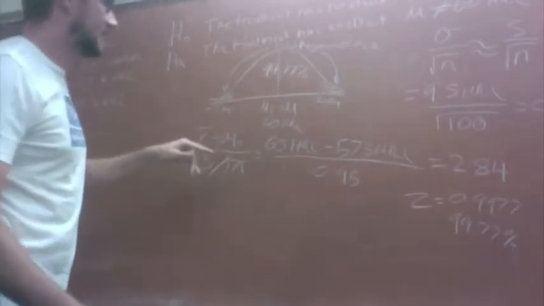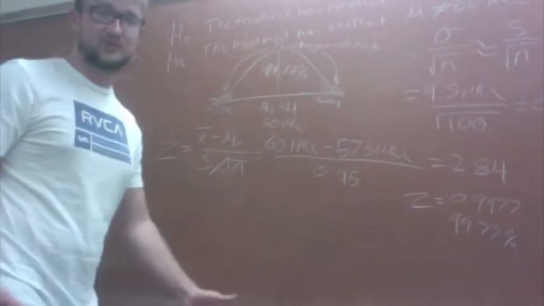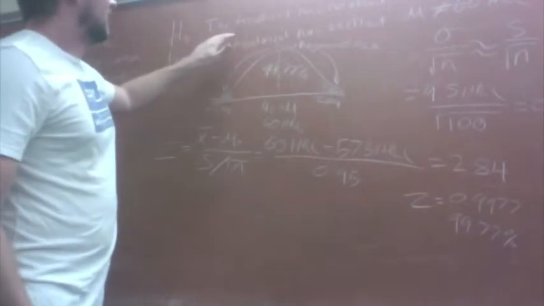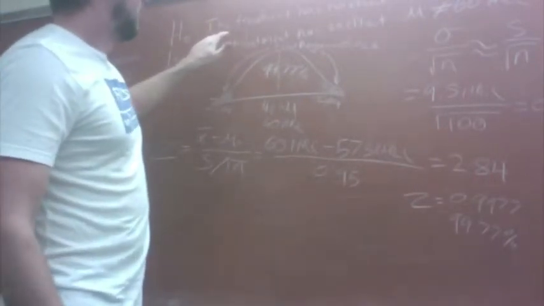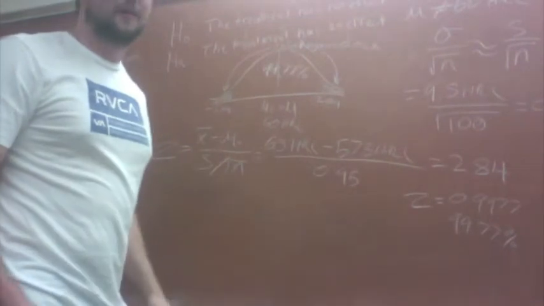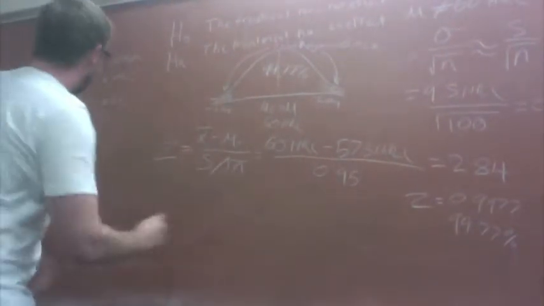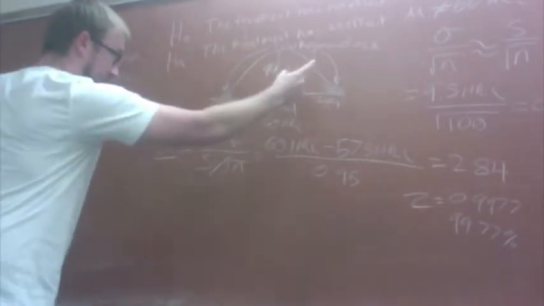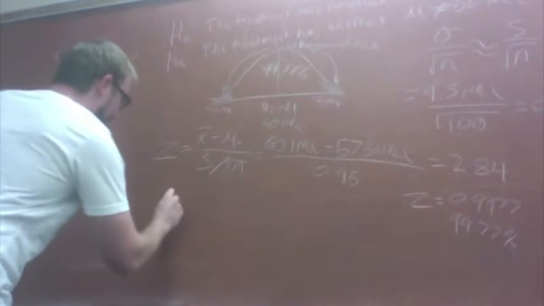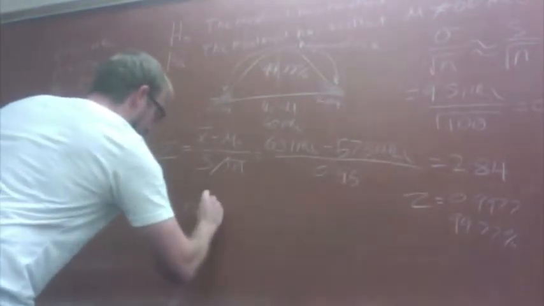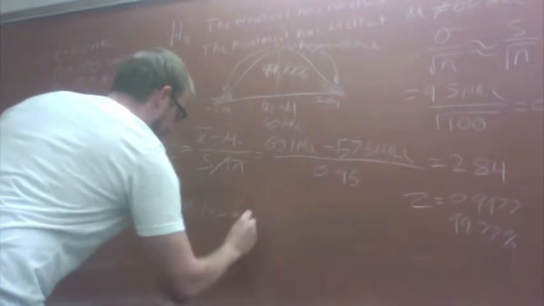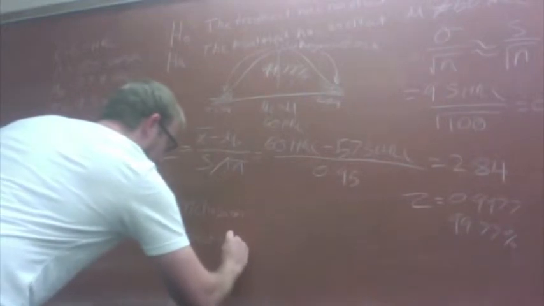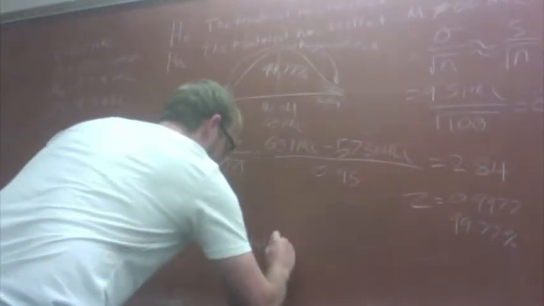So because of this, we can say that we're going to reject our null hypothesis, which means that the treatment definitely has an effect on the metal. So he did something right. So then we'll say our rejection region is the 0.023, and our conclusion is that we reject the null, which is H0.